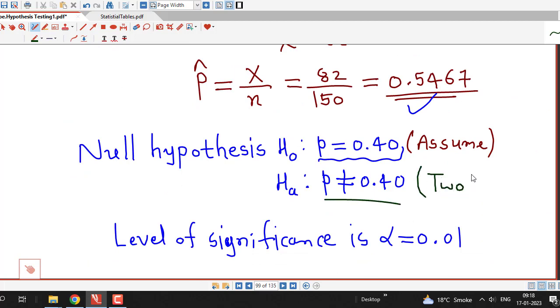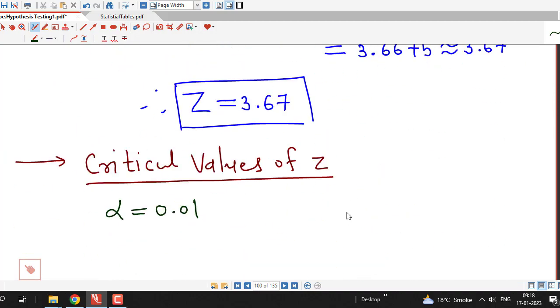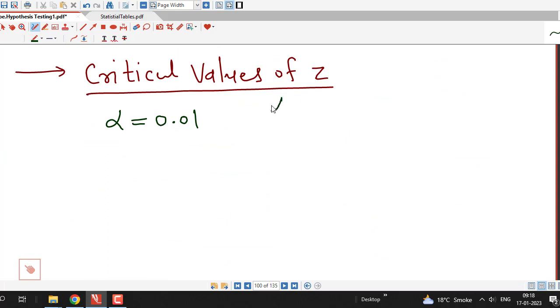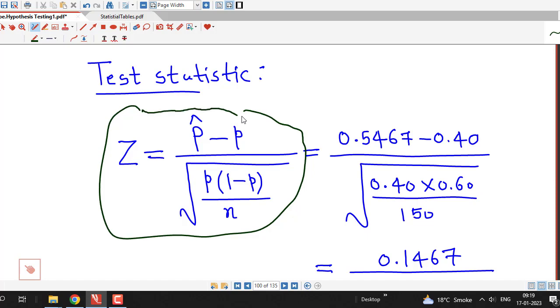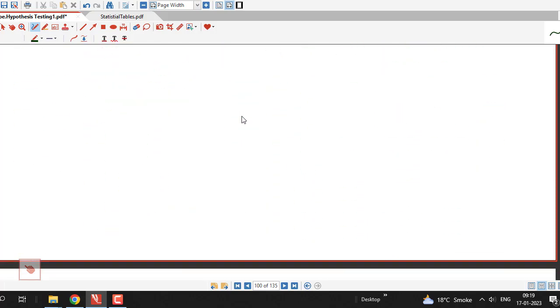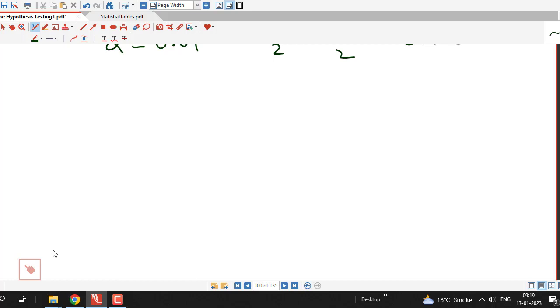We have two-sided alternative hypothesis, that is we have two-tailed test, therefore this alpha is divided into two equal areas, 0.01 divided by 2, that is 0.005, and we know that this capital Z is approximately standard normal random variable.